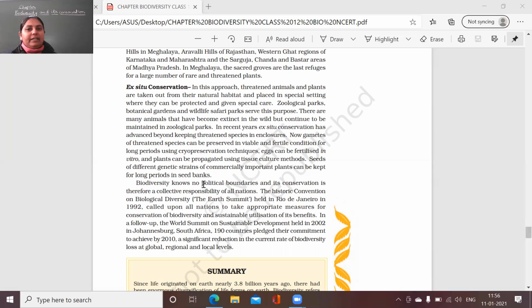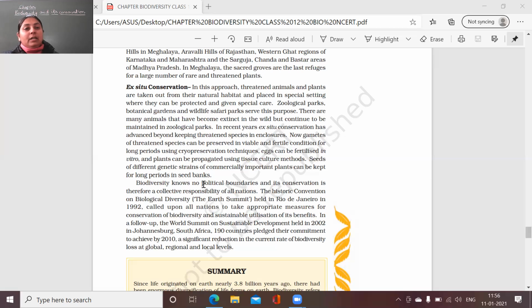ठीक है, तो रिसेंट ईयर्स के अंदर ex situ कंजर्वेशन को काफी ज्यादा एडवांस किया गया है. यहाँ पे सिर्फ प्लांट और एनिमल की स्पीशीज ही नहीं लाई जाती, आजकल there is another technique which is known as cryopreservation, and here in this technique those species which are threatened species, ठीक है, can be preserved in a viable and fertile condition for a long period by using the cryopreservation technique.